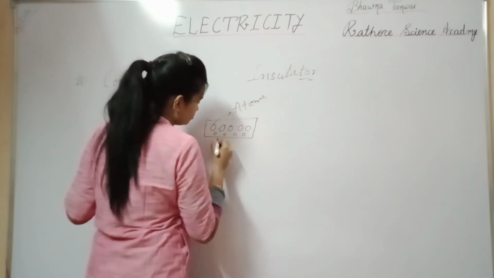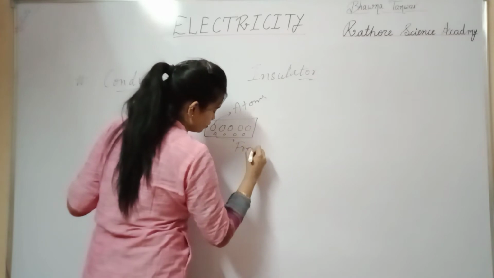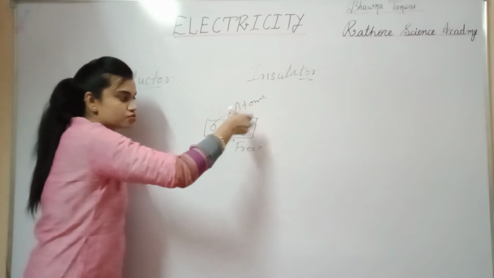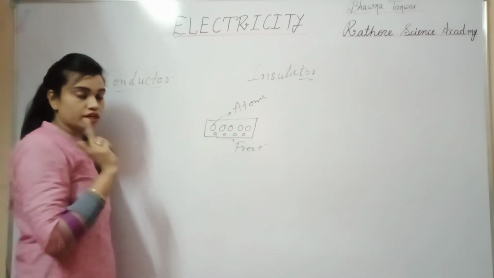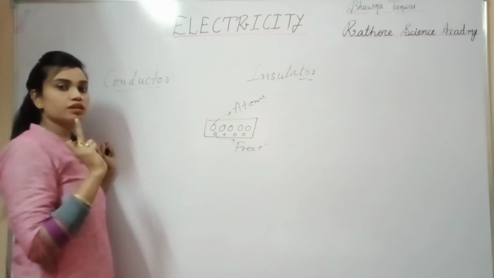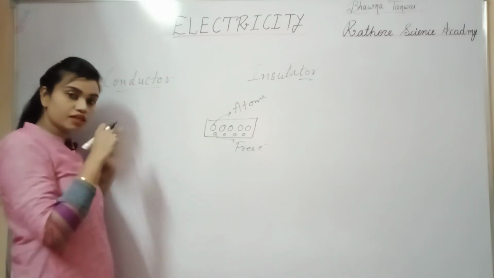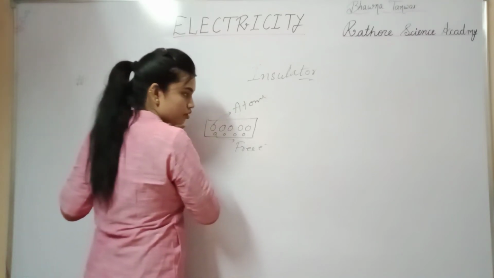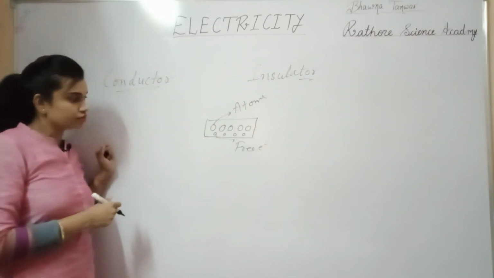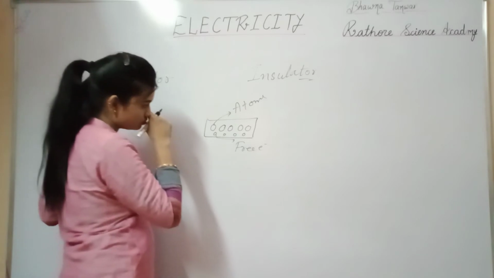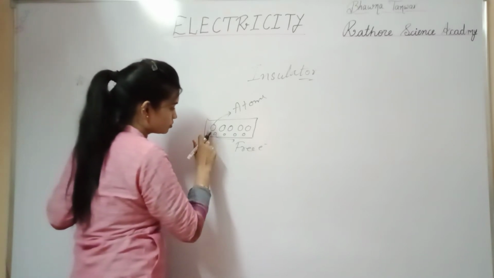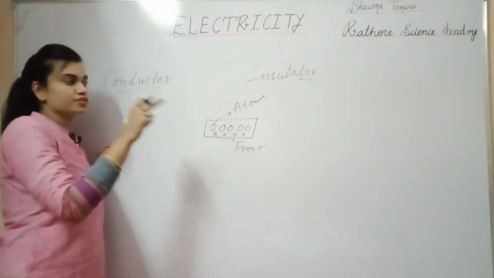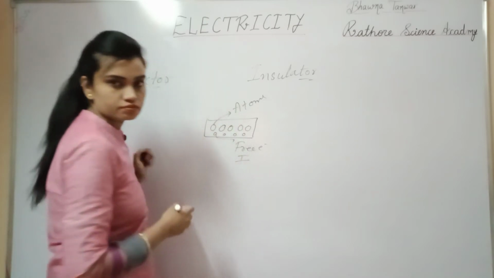Due to these free electrons, they move randomly inside this wire when they are not connected to any circuit, battery or cell. When they are connected to a battery or cell, what happens? They start flowing in one direction, unidirectional. So due to these free electrons, the electricity, or you can say current, is generated, right?